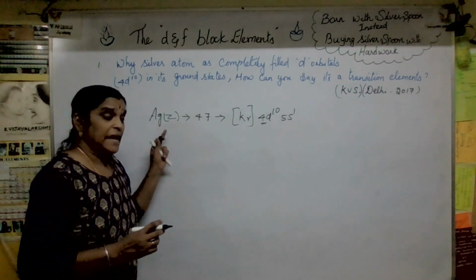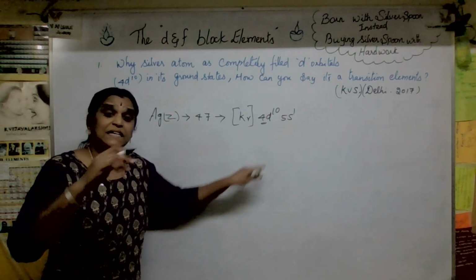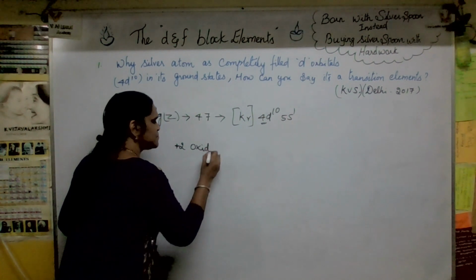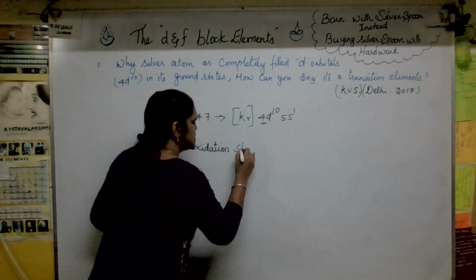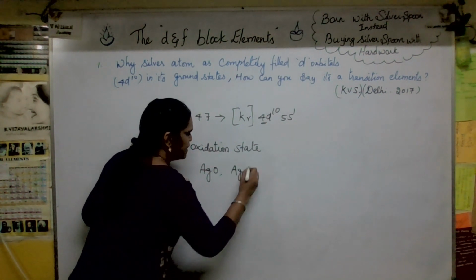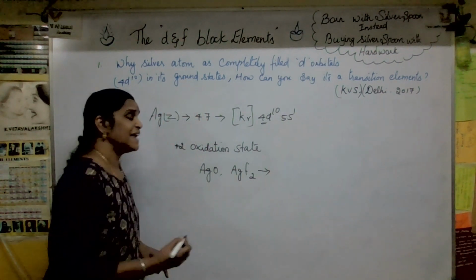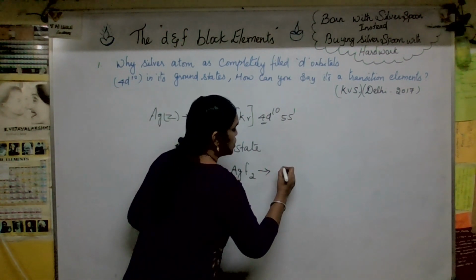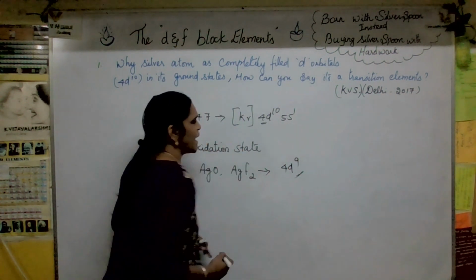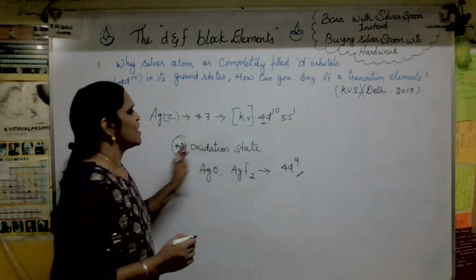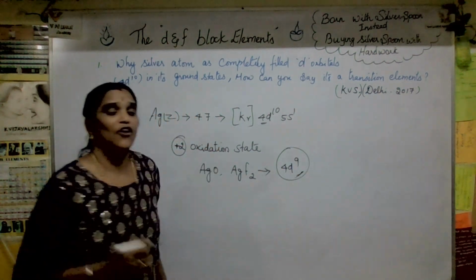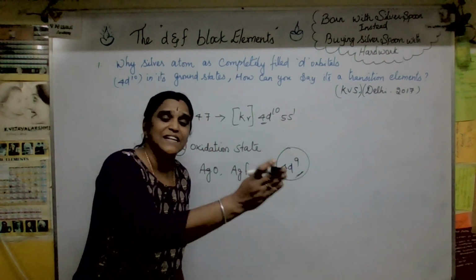Yes, in the electronic configuration it is d10, whereas in compounds it actually shows the +2 oxidation state. For example, AgO, AgF2. If you write the electronic configuration for it, you will get 4d9 only. Why? Because in the +2 oxidation state, the outermost orbital electrons are released. So naturally it is 4d9 only, it is inside, not outside.